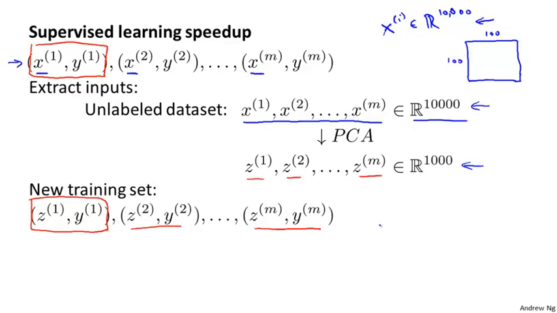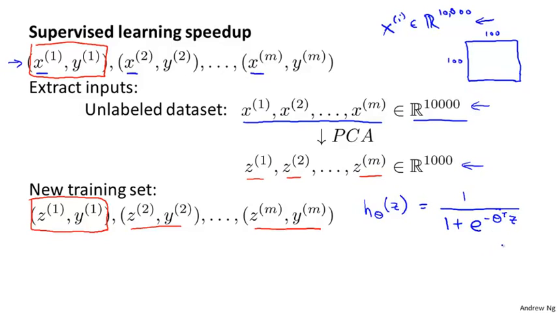Finally, I can take this reduced dimension training set and feed it to a learning algorithm, maybe a neural network, maybe logistic regression, and I can learn a hypothesis h that takes as input these lower dimensional representations z and tries to make predictions. If I were using logistic regression, for example, I would train a hypothesis that outputs 1 over 1 plus e to the negative theta transpose z, that takes as input one of these z vectors and tries to make a prediction.